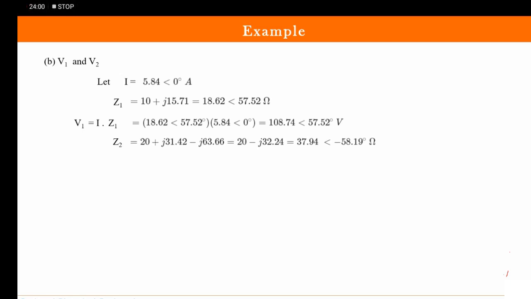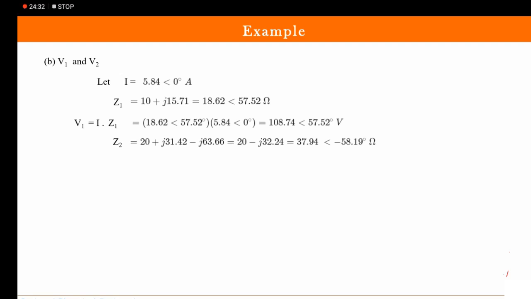Sorry. Yes. So not Z2. So Z2 is also calculated in a similar manner, but for Z2 you have R, L and C. So this is how we have written it: 20 plus J 31.42 minus J 63.66. So the imaginary parts are added with minus sign together. So basically it is subtracted. So it is now 20 minus J 32.24. Again this is converted into polar form.